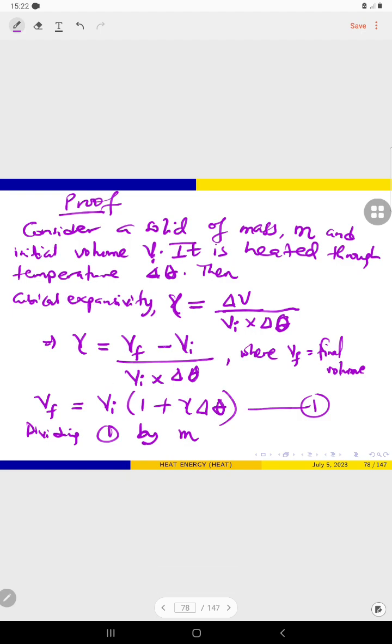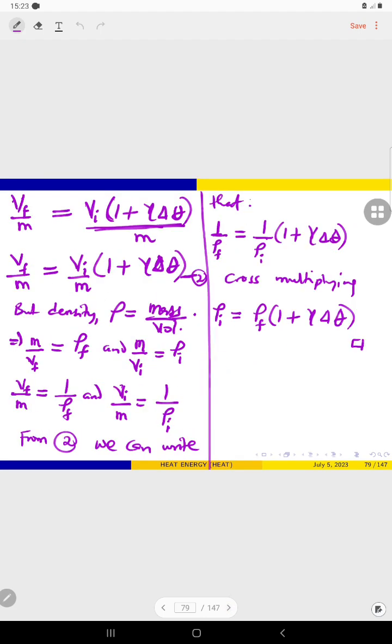So from here you made Vf the subject, and we get this. Then we divide this through by m, the mass, and we beautify the equation.